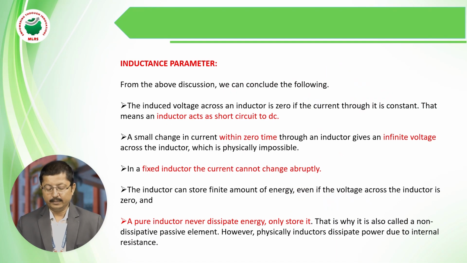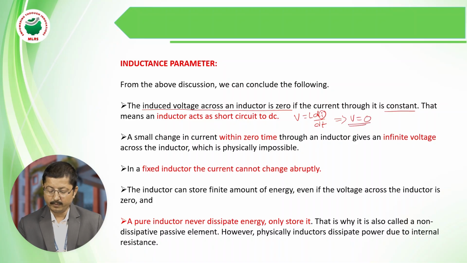From the above discussion, we summarize some points about the inductor. The first point is that the induced voltage across the inductor is 0 if the current through it is constant. According to the relation V equals L into di by dt, if a constant current flows, then the induced voltage across the inductor is 0.